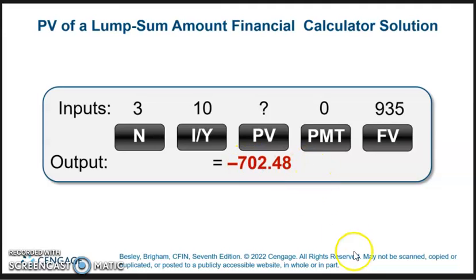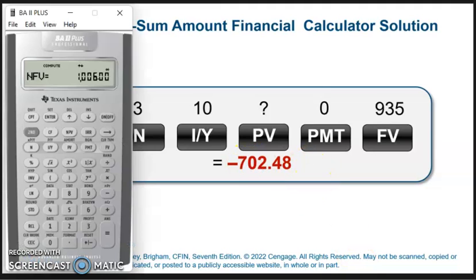negative $702.48. So let's pull up our calculator. 3 years, so 3 N, 10 I/Y, and then 0 payment, and then 935 FV, and then we compute PV, and that's $702.48.